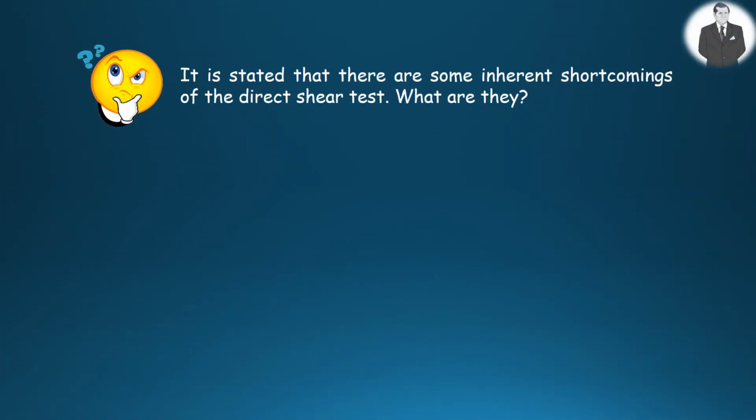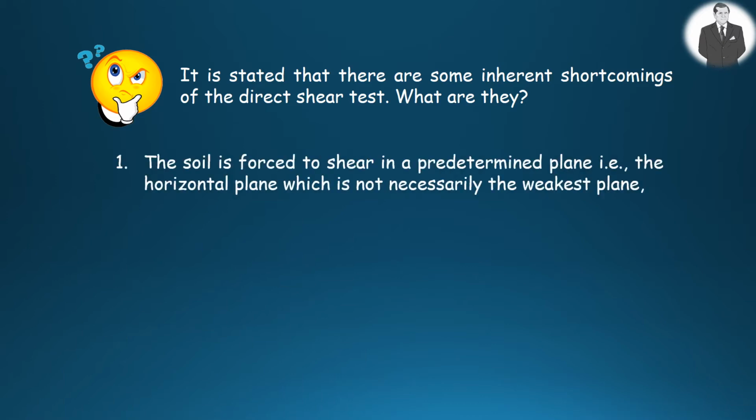It is mentioned that there are some inherent drawbacks of the direct shear test. What are they? First of all, the soil is forced to shear in a predetermined plane. That is to say, the horizontal plane is not necessarily the weakest plane.